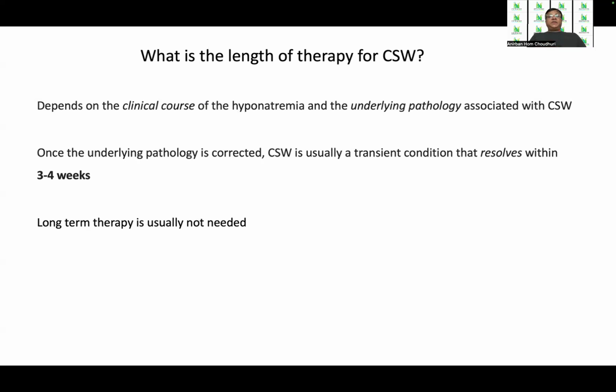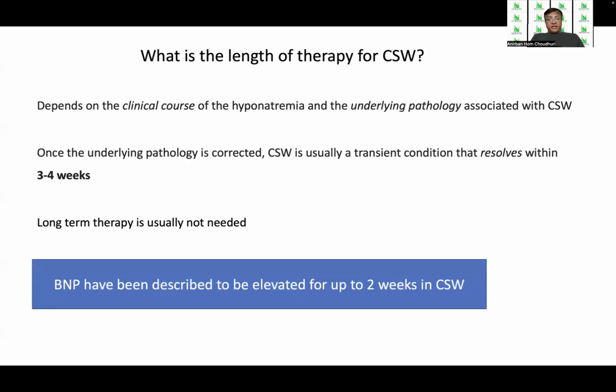So what should be the length of therapy for cerebral salt wasting? This entirely depends on the clinical course of the hyponatremia and the underlying pathology associated with the cerebral salt wasting. But it has been seen that once the underlying pathology is corrected, cerebral salt wasting usually remains a transient condition that resolves nicely within 3 to 4 weeks, and long-term therapy is usually not needed.